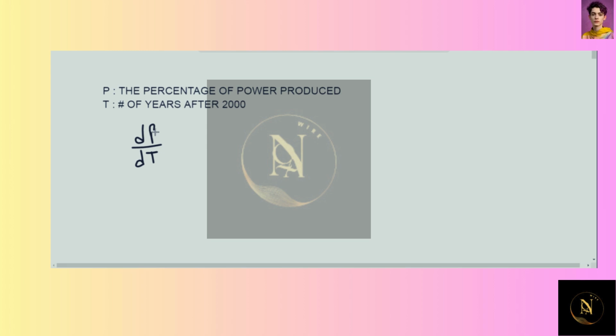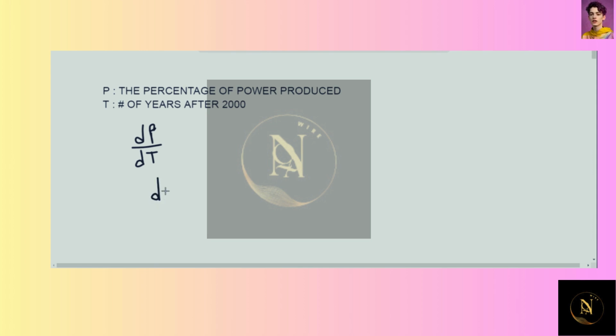This means what is the rate of change in the percentage of power produced with respect to a change in time. The rate at which the percentage of power produced changes with respect to a change in time.